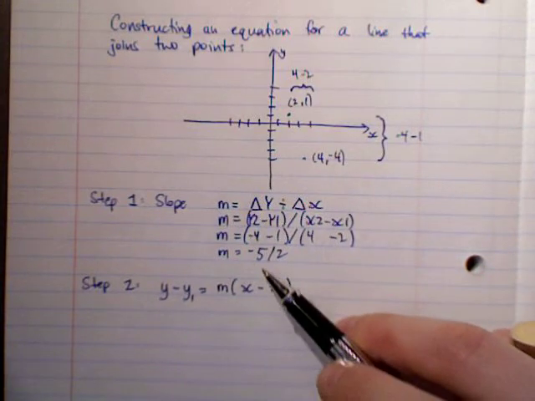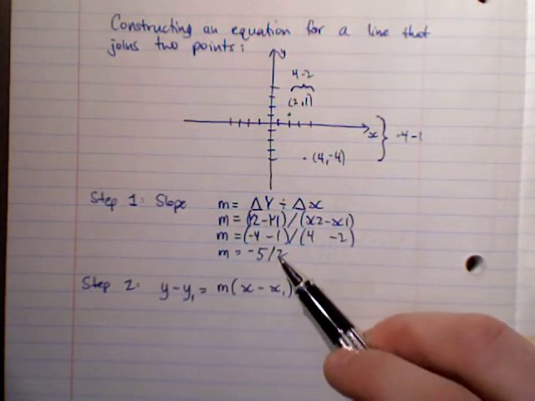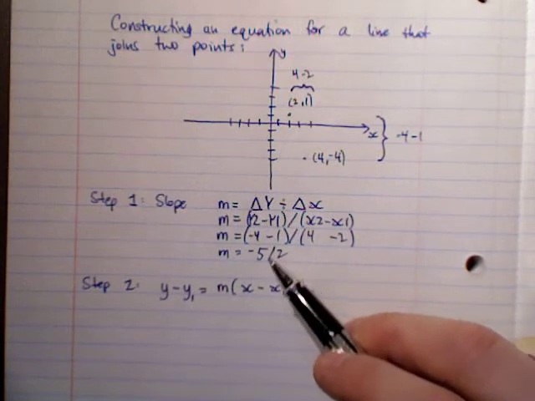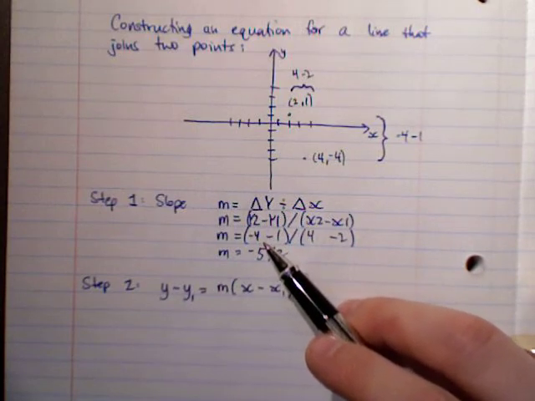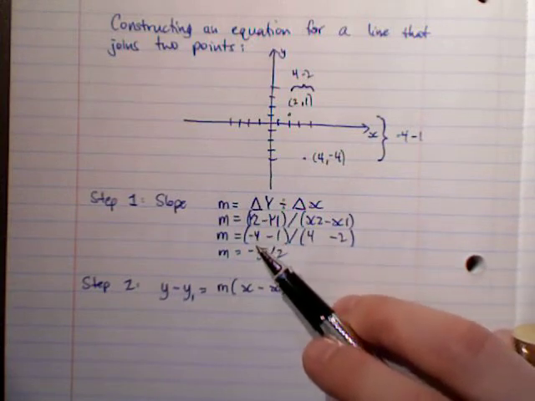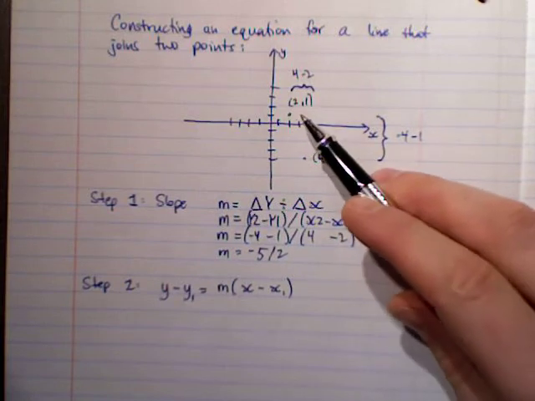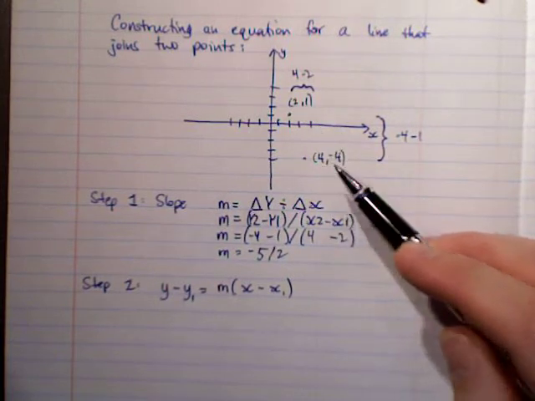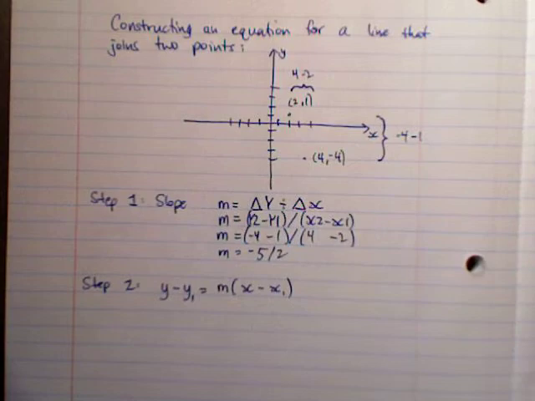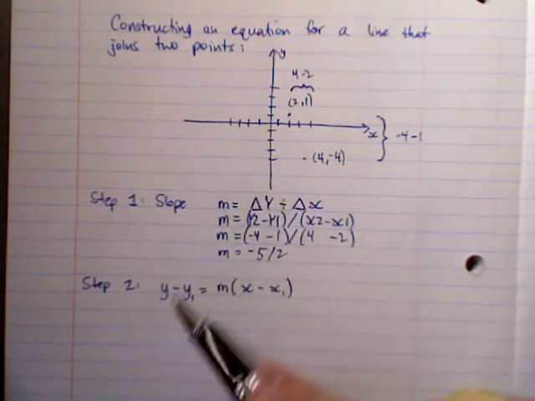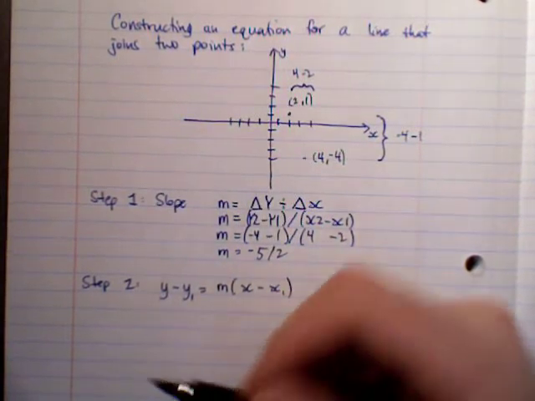It's very easy with m to plug that value, plus the 2 positions from one of our points. That could either be 2 and 1, or 4 and negative 4, so let's just choose 2 and 1, and then we just plug those numbers into this formula for a line.